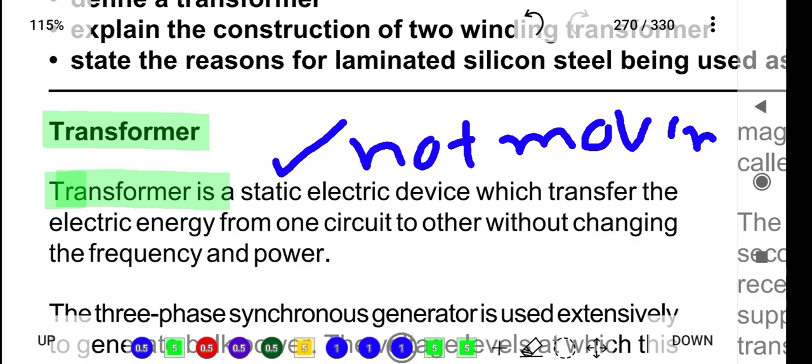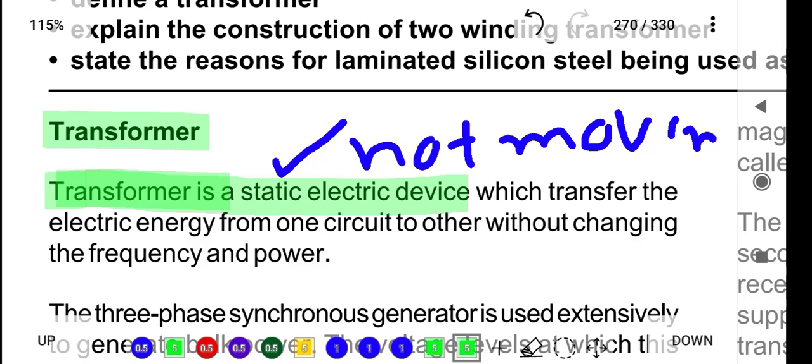We can say that a transformer is a not moving electric device. Up to here the definition is clear: a transformer is a static device.